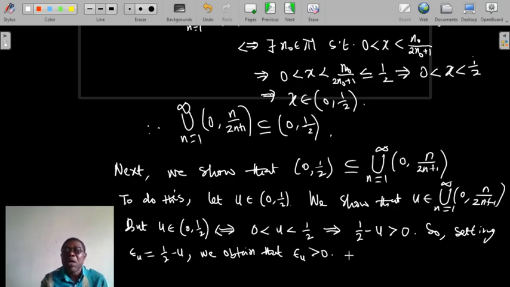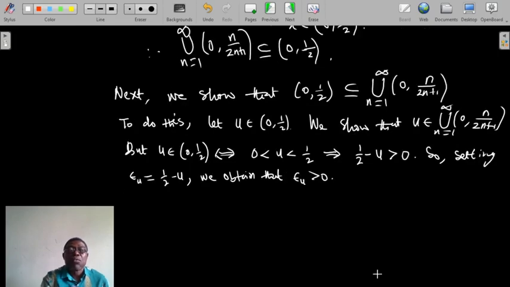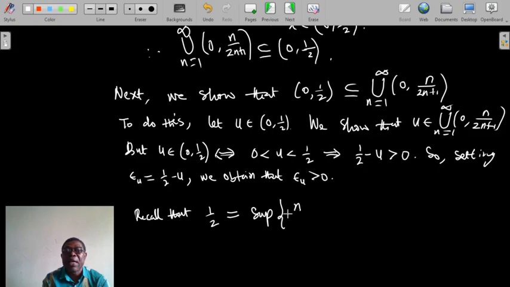Now, we recall from example 2 that half is equal to the supremum of the set n over 2n plus 1, so that n is in the set of natural numbers.